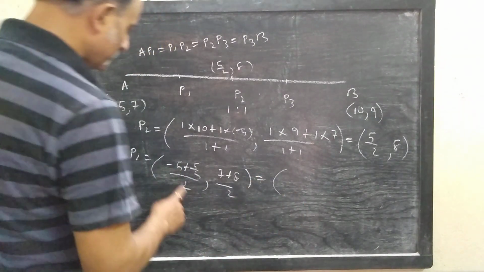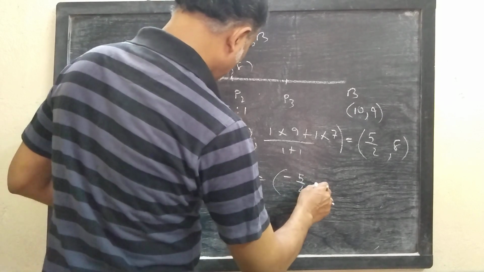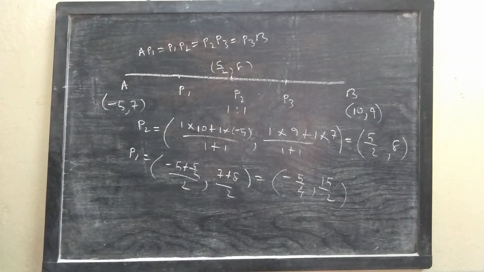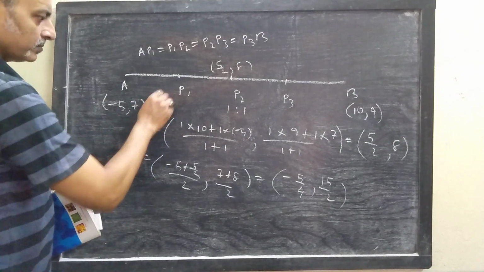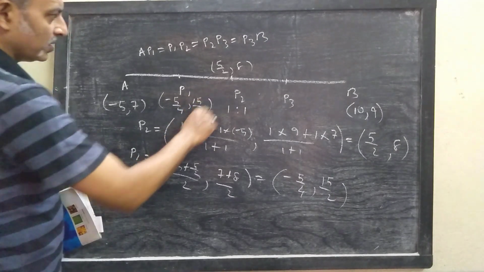So ultimately it becomes -5 by 2 by 2, that is -5 by 4. This will be 15 by 2. So we get coordinates of P1. This is -5 by 4, 15 by 2.